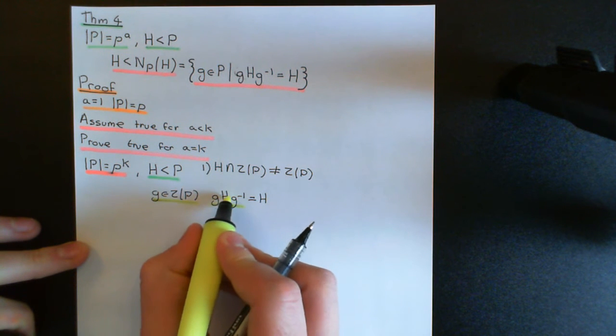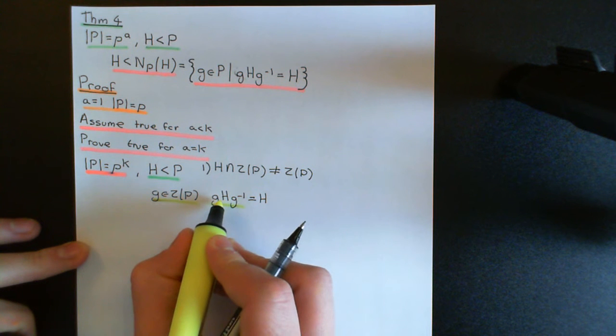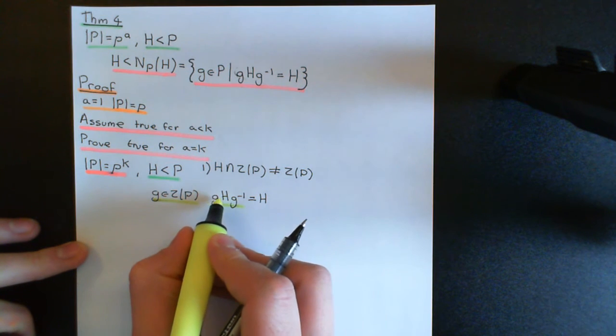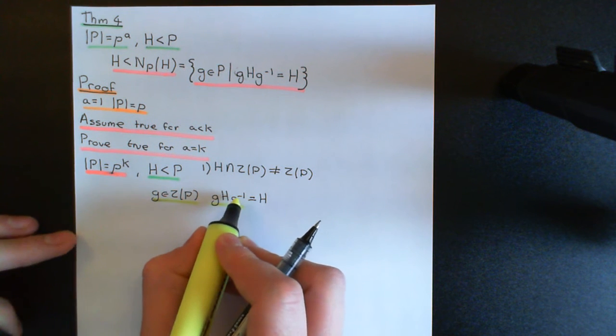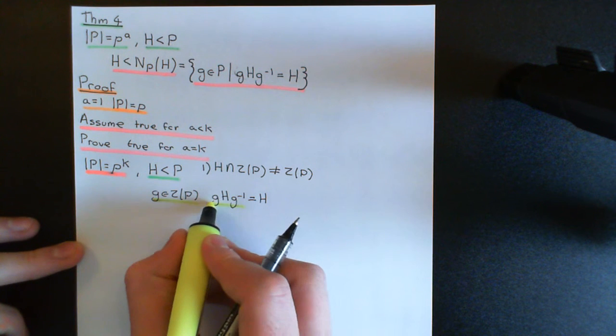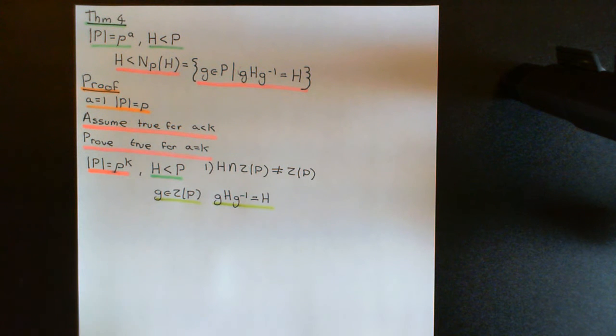So when you're going through the elements of this subgroup, capital H, and conjugating each of them by g, it's not going to change that element at all, because you can just swap g and the element in the middle around, and then the g and g inverse can cancel, so it'll just map any element of this subgroup onto itself.